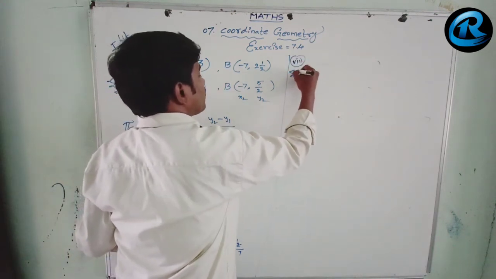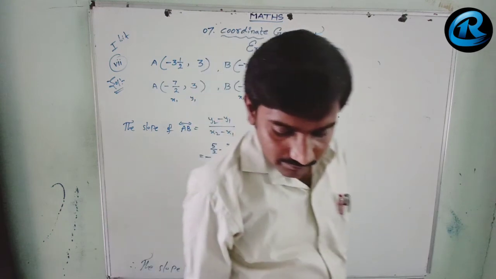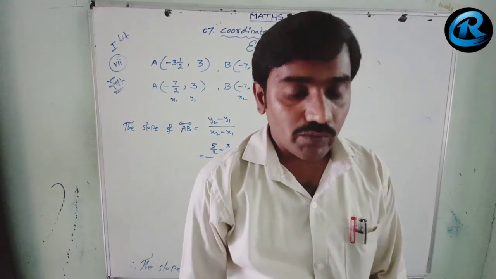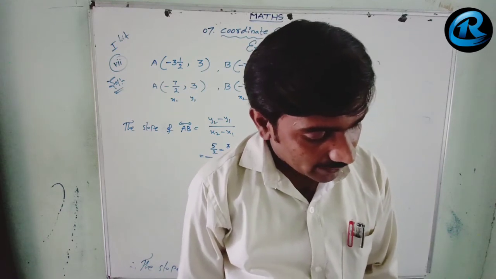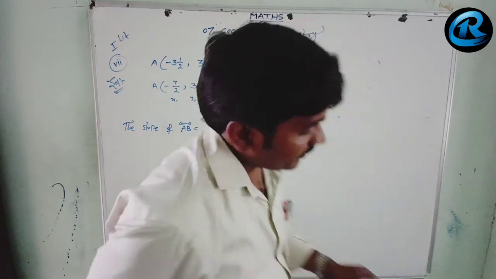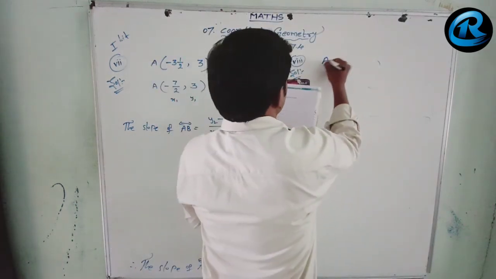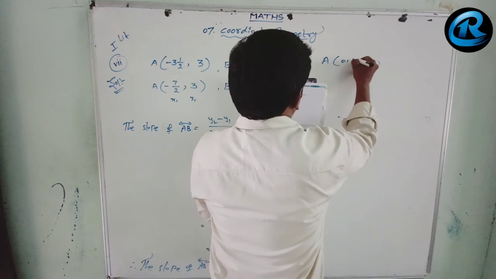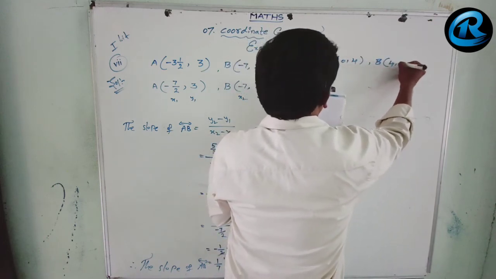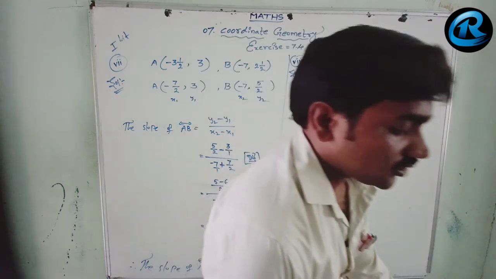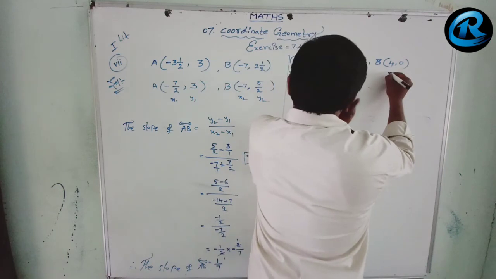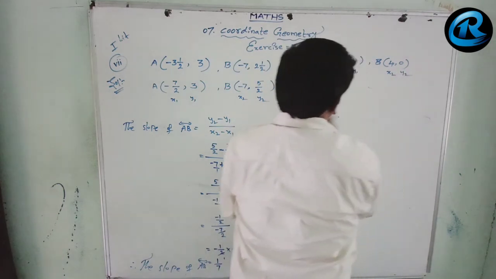Then we go for the 8th question and the last one of this exercise, that is A equal to 0 comma 4 and B equal to 4 comma 0. Let us find out the slope of this. We write here x1, y1 and x2, y2.